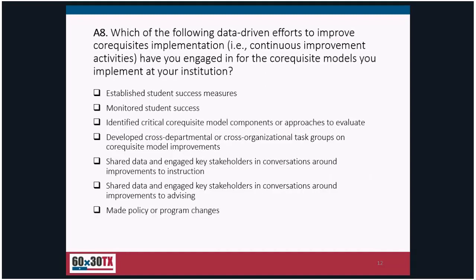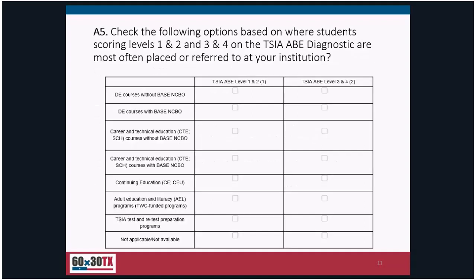And I noticed that 5 and 6 is not on there, and I'll just remind you that's because 5 and 6 are DE level. That's correct, right? ABE level 5-6 is required to be college ready under House Bill 2223. They're in the eligible population.